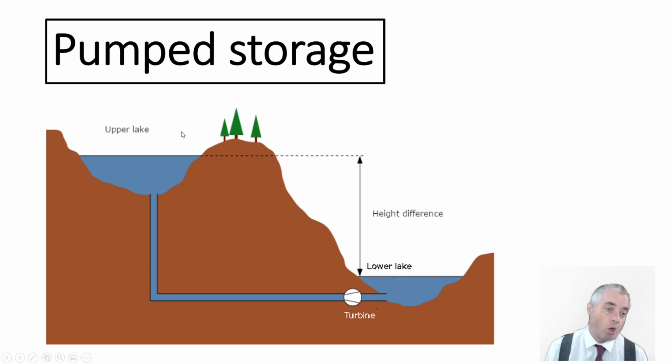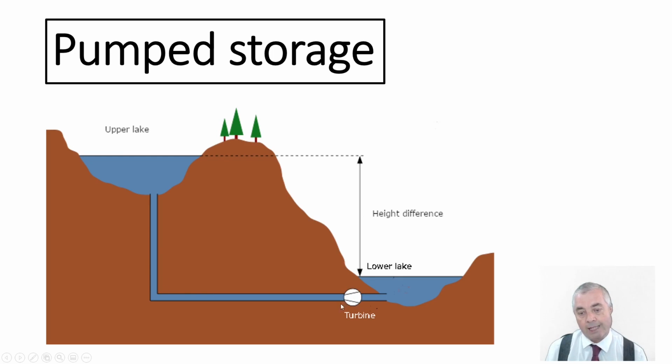And that means the top lake can store energy as gravitational potential energy, or in the gravitational potential energy store if you prefer. And then when you need it, and like hydroelectric, you can do this in minutes, you let the water fall and turn the turbine.